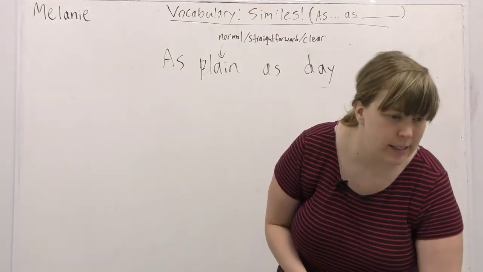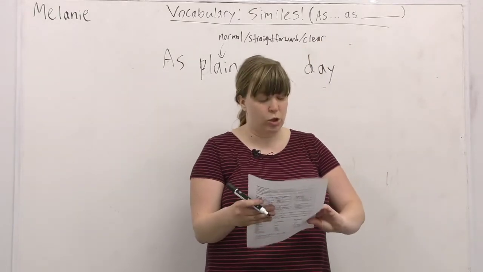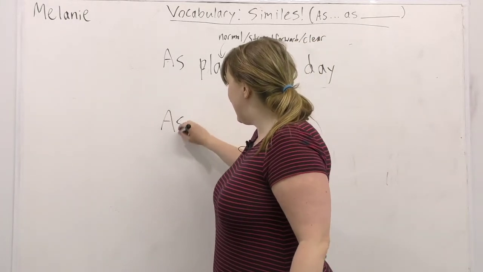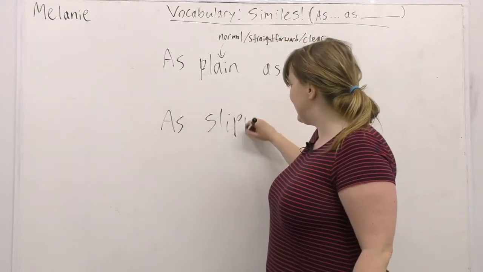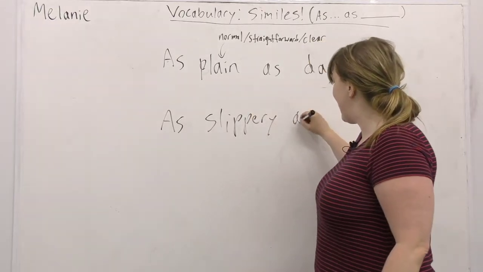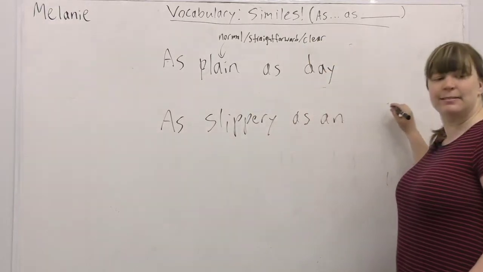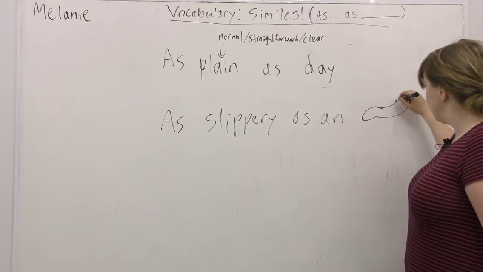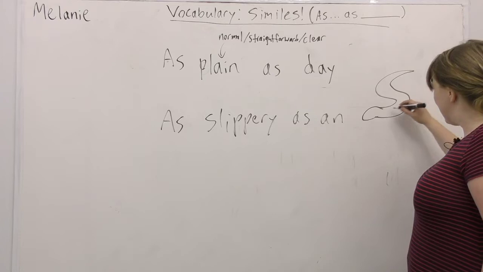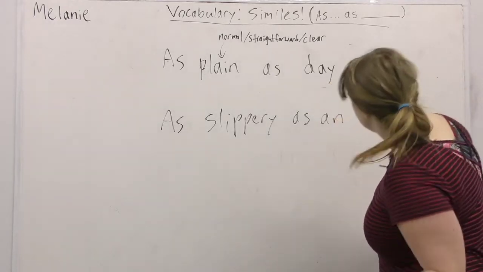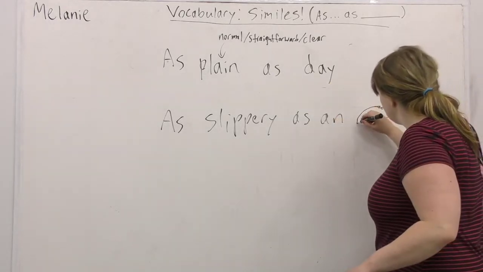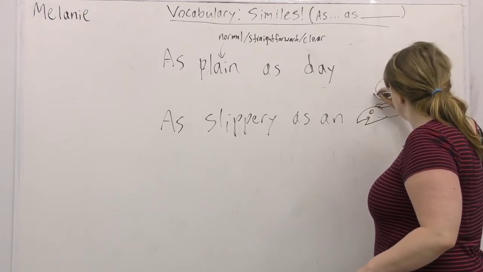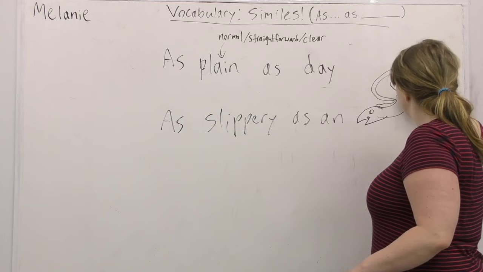All right. So let's do two more. As slippery as an, all right, let's see if you can guess this animal. This might be a bit tricky to draw. It's kind of like a fish, but it's a very long fish.